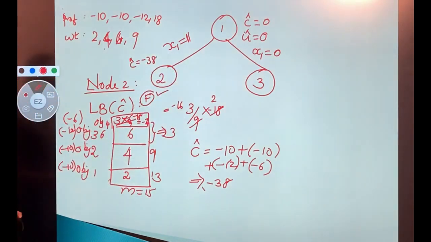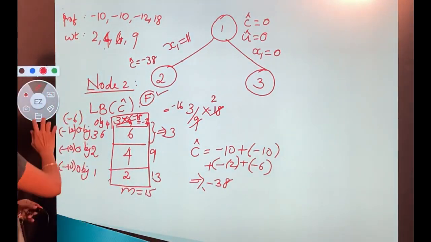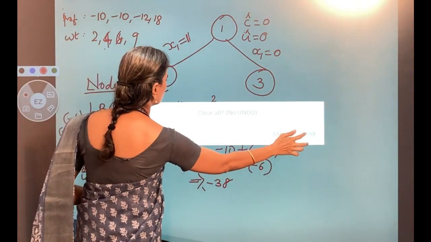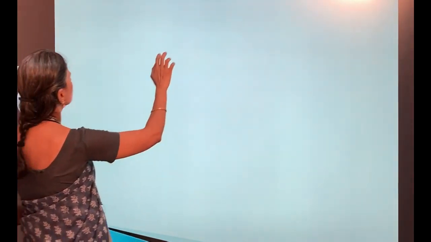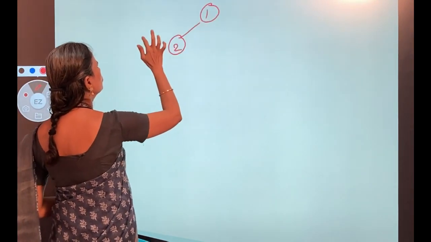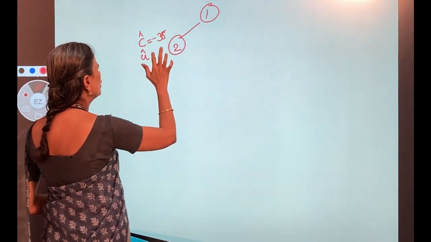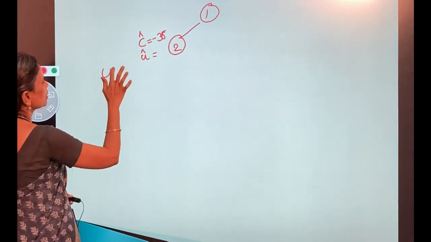Then how can we calculate the upper bound for node 2? C cap is already calculated as minus 38, and now we are going to find the U cap for node 2, represented as the upper bound.